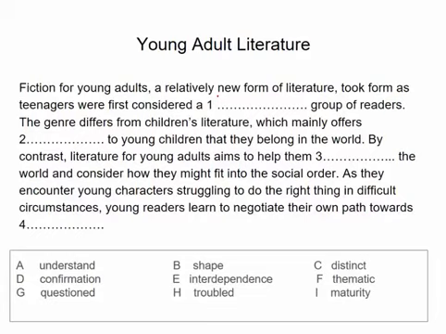So for example, look at number 1. The sentence reads, for fiction for young adults, a relatively new form of literature, took form as teenagers were first considered A blank. Here we've got a nice clue: A, the article, and after the blank, we've got group. We've got a noun there.